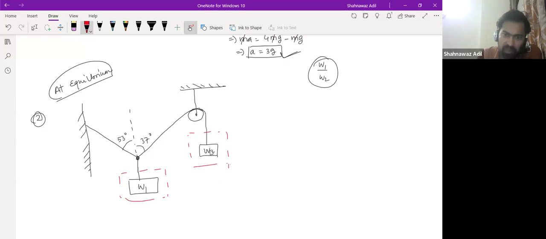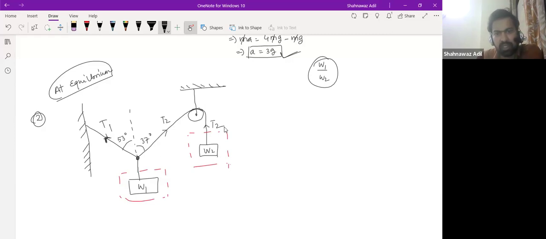So this weight is attached in here, so this will have same tension. And then the other weight is here. So this tension would be different because this rigid wall is different. So then we have, let's say, some tension T1 in here. Then we have tension T2 in here.